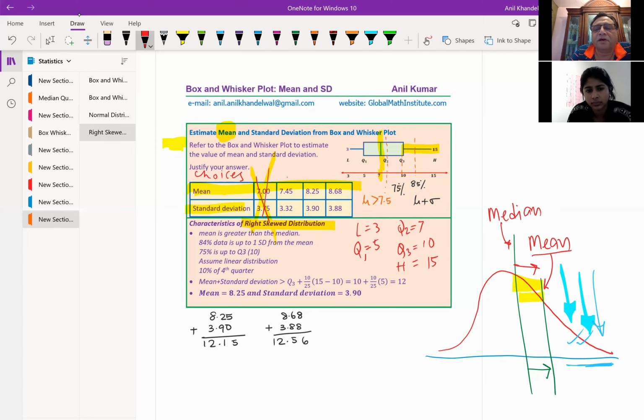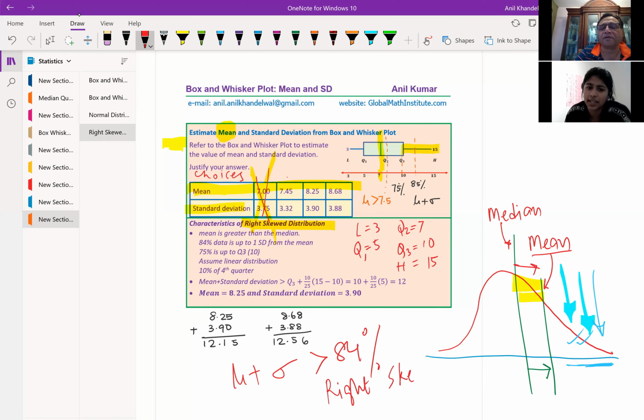Perfect. Now, we also learned that for a normal distribution, it was 84%, right? Which gives us the combination of mean plus the standard deviation. It should be greater than 84% in this case, since the data is skewed right. If it was skewed left, would you say less than 84%? Yes.